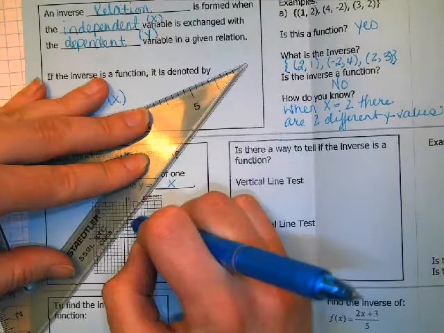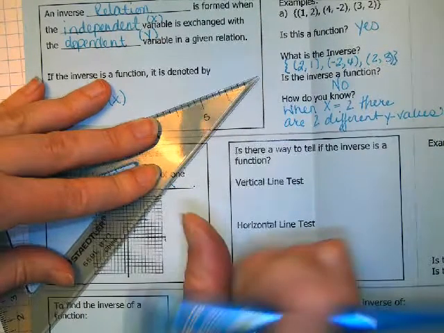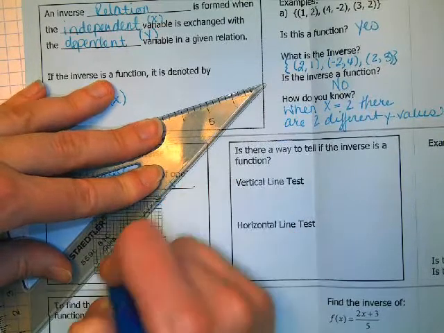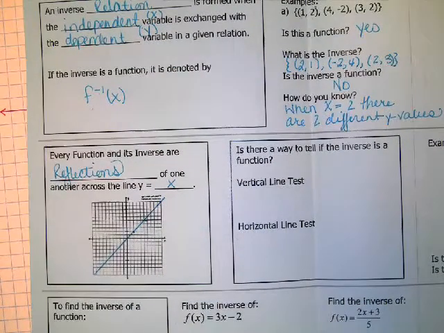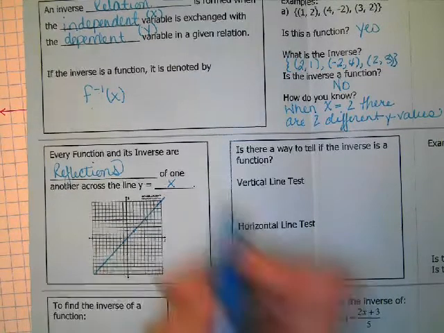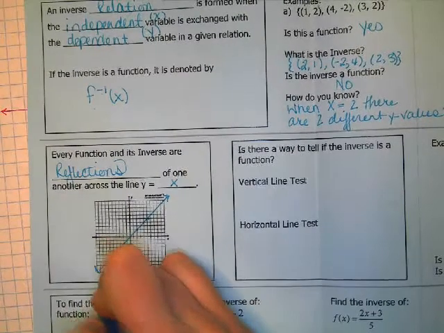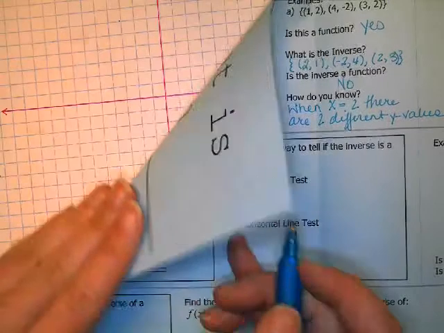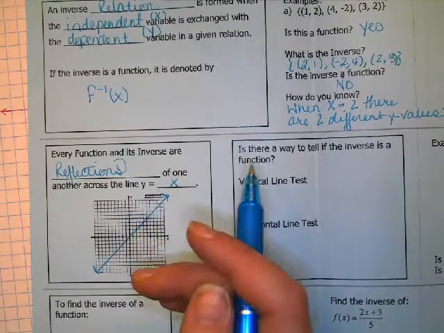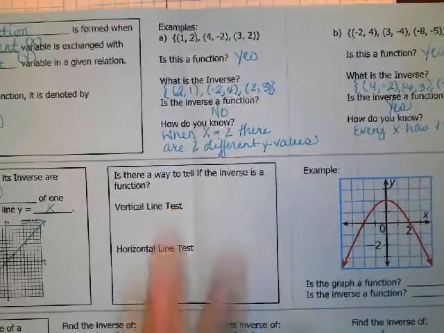It goes through the origin, has a slope of 1. Right? Going through the origin, slope of 1. This is the line y equals x. So if I were to fold my graph on that line, then I would have the inverse function.